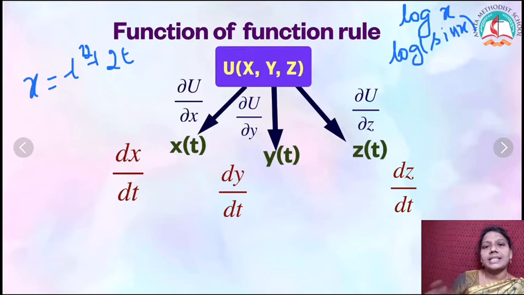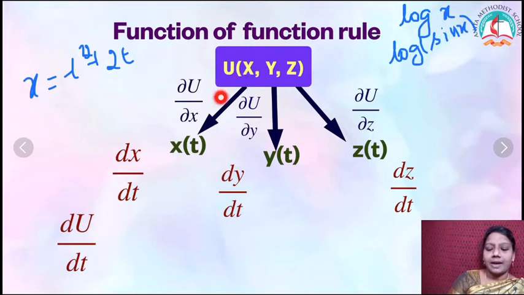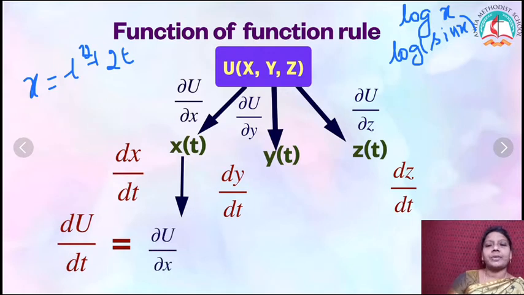Okay, so there is a function of function. So if I am going to find out du by dt, I have to take this value first. That is, I am taking dou u by dou x into dx by dt. The path for x is dou u by dou x into dx by dt.